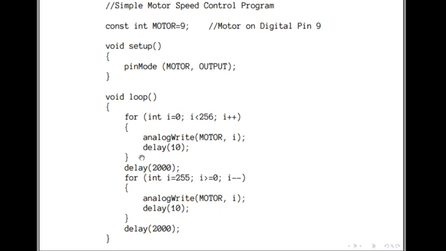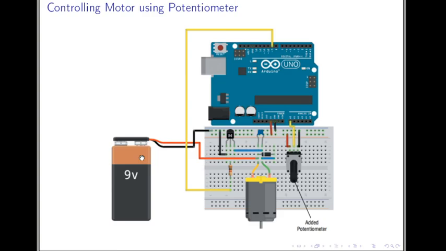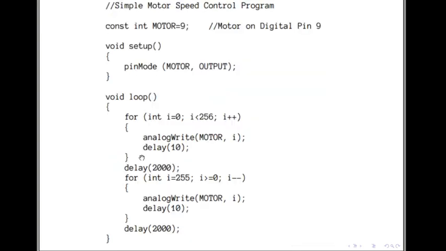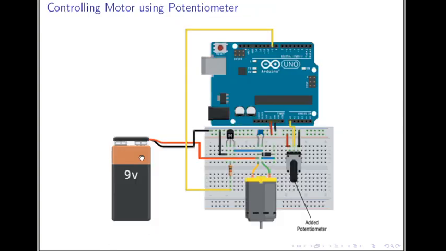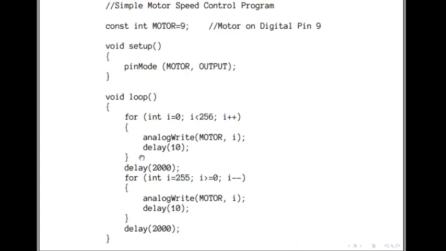Here is a simple motor speed control. The speed of a DC motor is directly proportional to the voltage level, or analog energy, of the signal, and this program is basically simple.